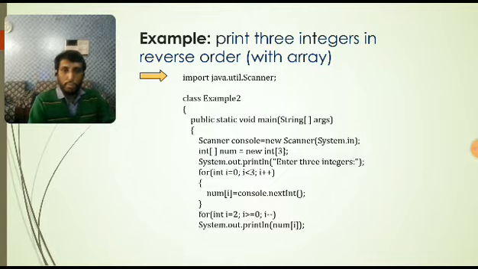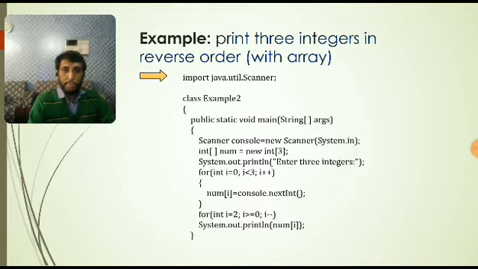Now System.out.println(num[i]). So whatever data is kept in the array num[i] will be displayed in a reverse way through this for loop, that is for i = 2, i greater than or equal to 0, and i minus minus. So this is the way we do coding for array.